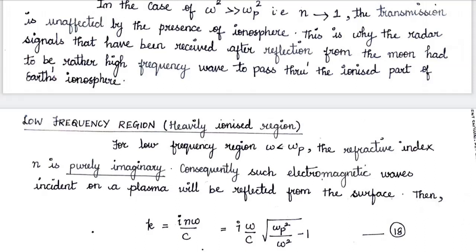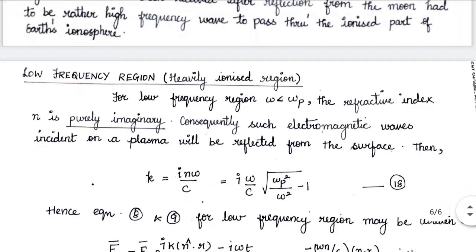What if the region is of low frequency, or if the region is highly densely ionized? See, for all the low frequency region, we could see omega, the frequency of the electromagnetic wave, is less than the plasma frequency.